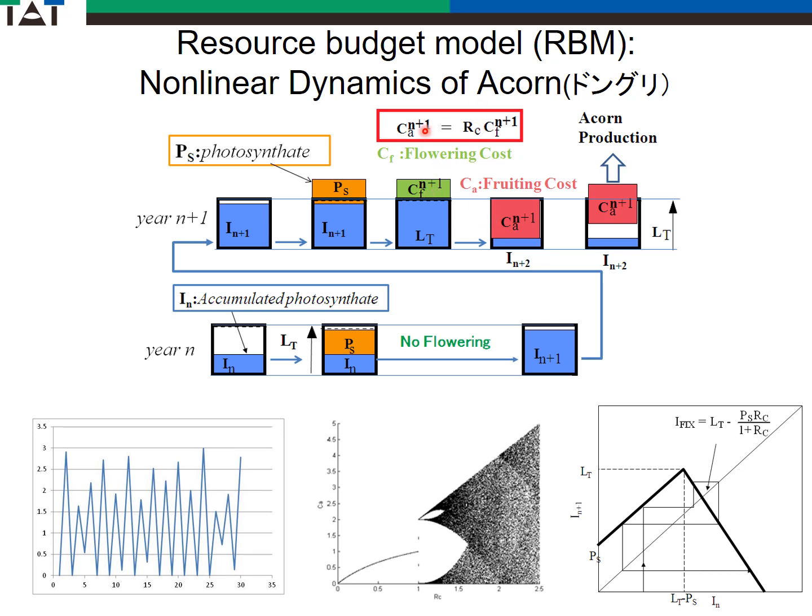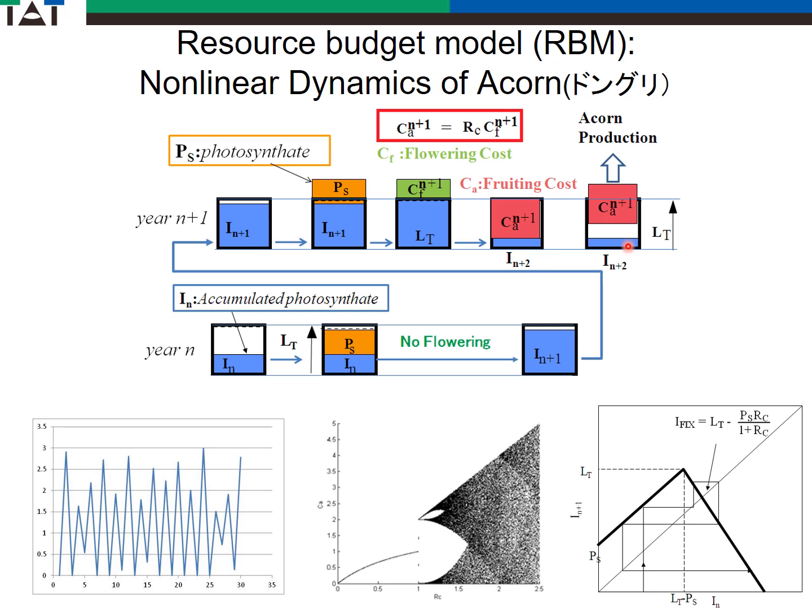Then once the flower coming up, and the RC times cost will be used for the fruiting cost. Then a large amount of acorn production coming up. Then a small amount of the material remained in the bucket.